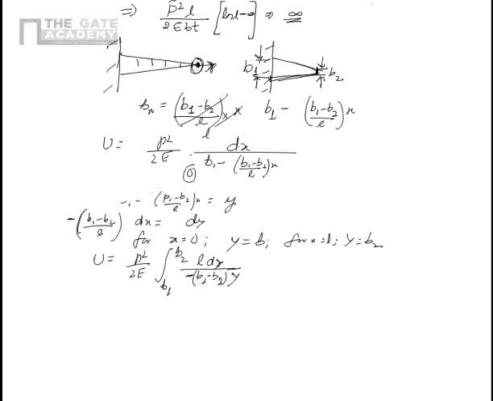So now this whole thing can be taken out. It is P square L upon minus 2E b1 minus b2 into the integration of dy upon y, which is ln y from b1 to b2. So that is nothing but minus P square L upon twice E b1 minus b2 into ln b2 minus ln b1, which is ln b2 by b1.